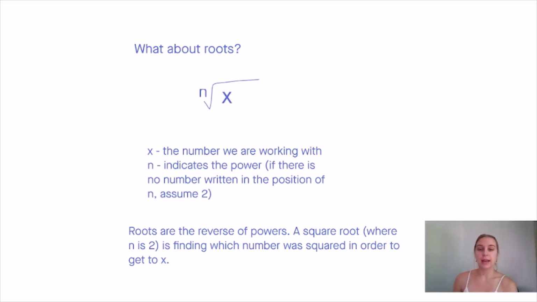So n is only sometimes written down. Sometimes there's no number there, and if there's no number, that means that the number that you're trying to work out was squared. So n represents 2 if there is no n. However, if it's anything other than 2, it will be written there. So if it was a number that was cubed, there will be a 3 written down in the position of n in this image.